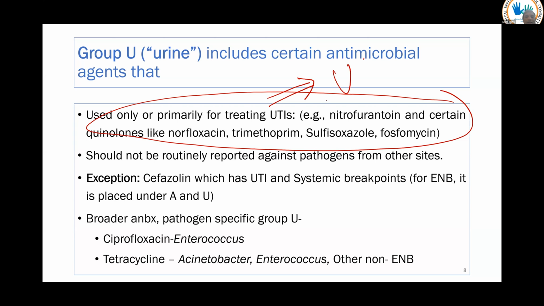They are urinary antibiotics for any organism. Whereas these are the two lists. For example, ciprofloxacin is otherwise a category A antibiotic, but for enterococcus it is urine specific. Tetracycline, again, is otherwise a category A antibiotic, but for Acinetobacter it is placed under the U category.